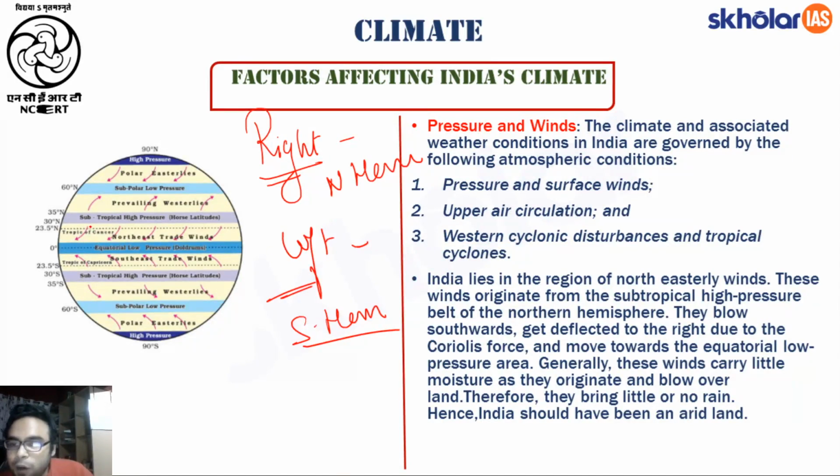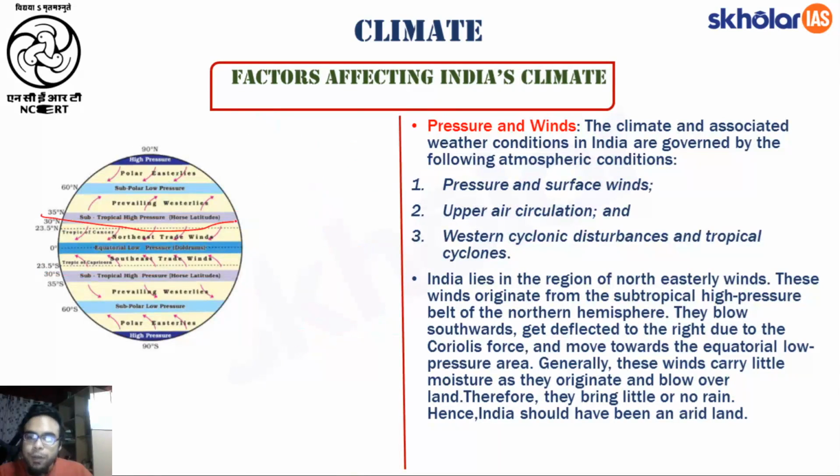So this is how the winds look. The winds which are blowing from the subtropical high pressure belts towards the equator, let me draw this again, we call these the trade winds. Very, very important.